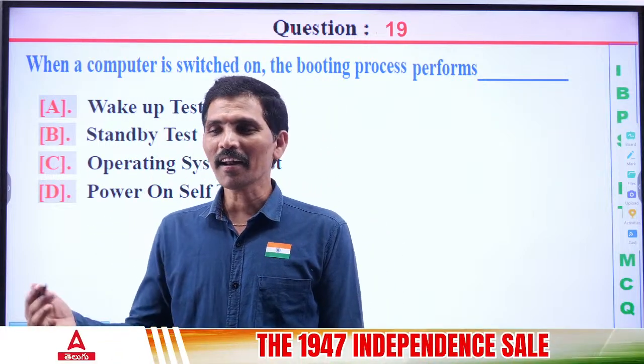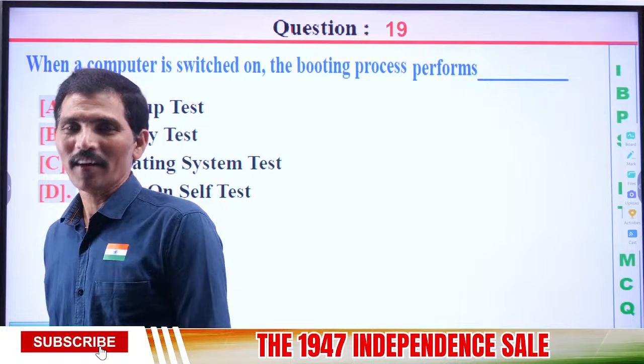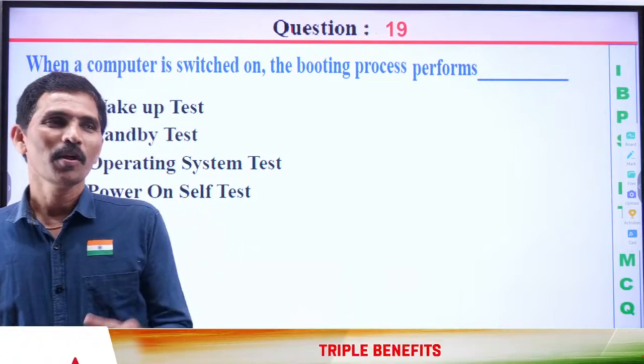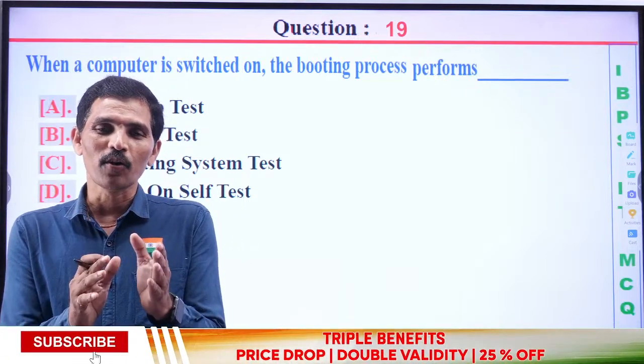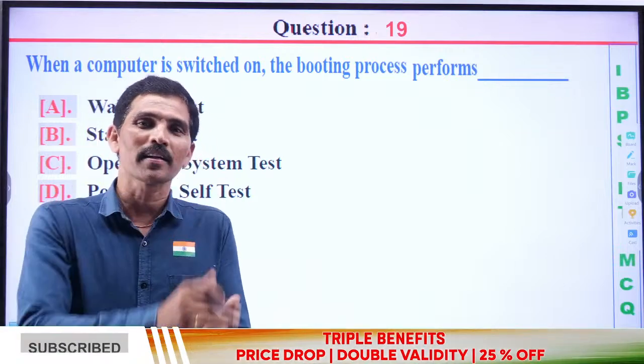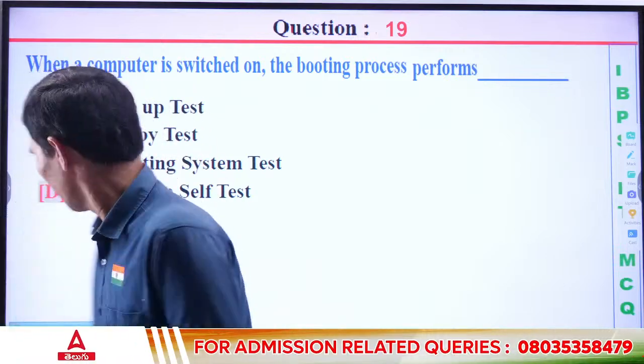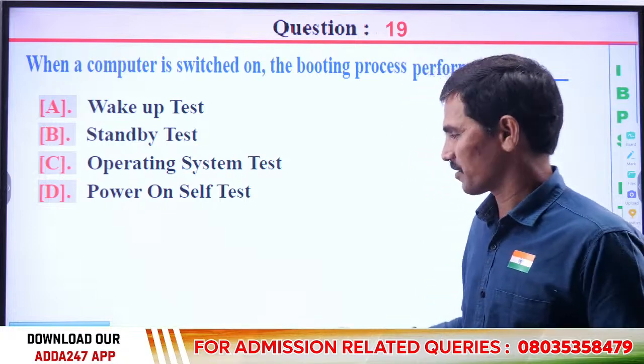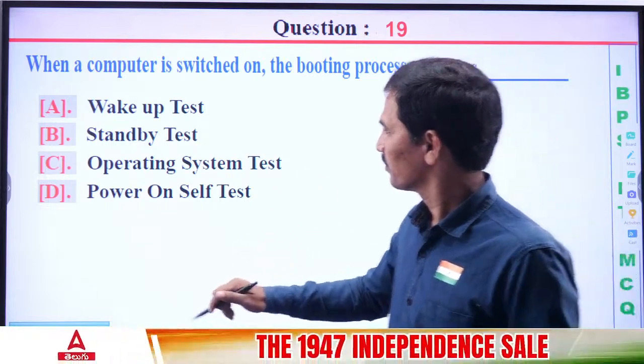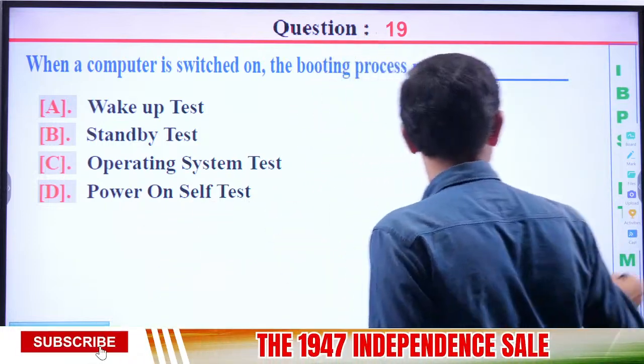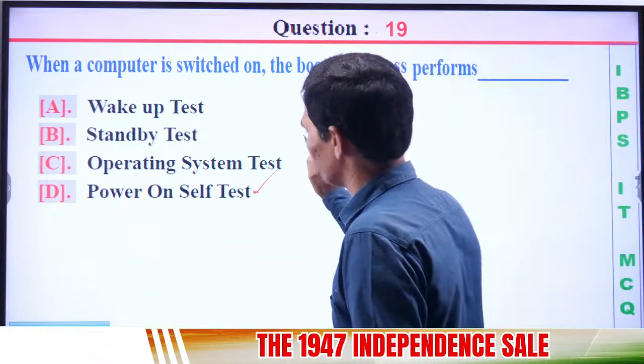Yes, all are wrong. First of all, once the power test is okay, only then will it start loading the operating system. So power on self test, that is the last option. The answer is this one.